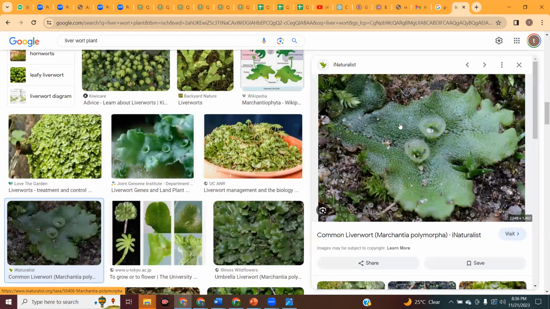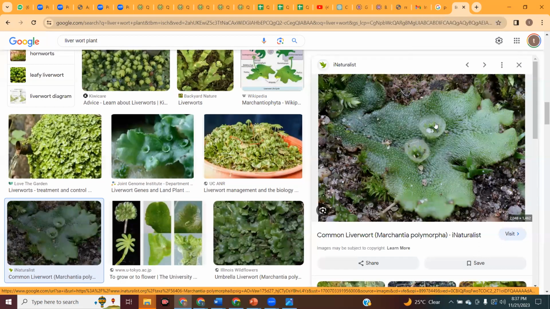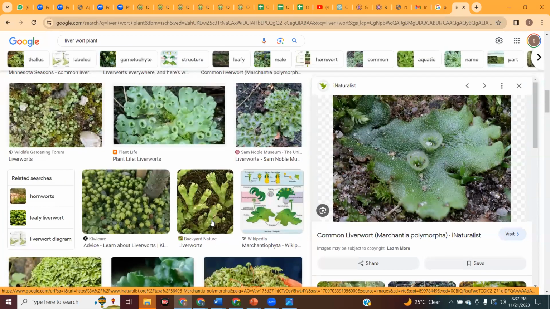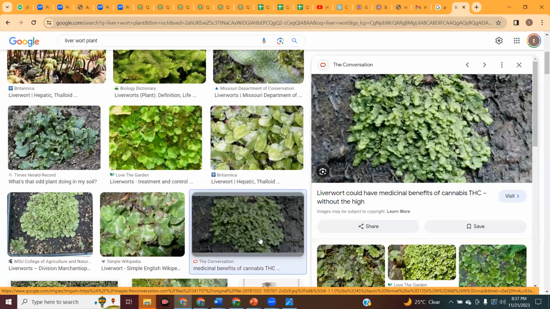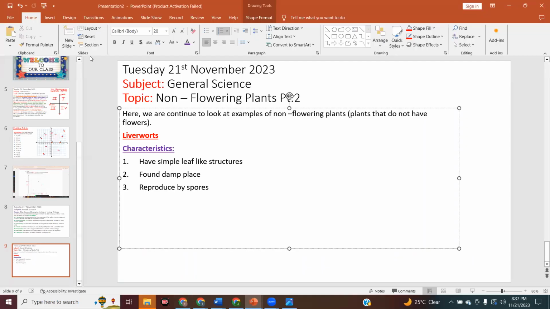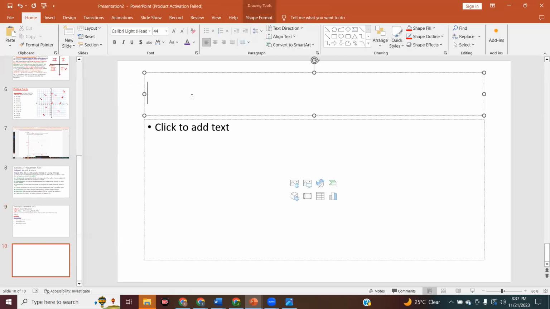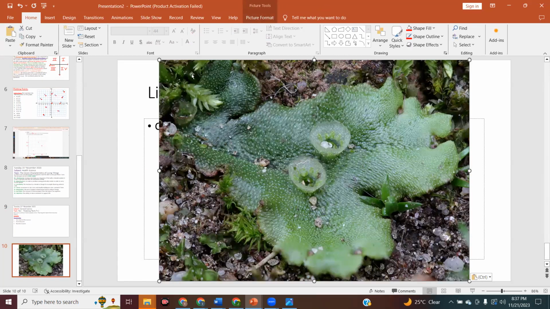You see how they grow in the ground? I've seen them before. Yeah, I haven't. These are examples of liverworts. This is also another example, showing how they grow in damp places and damp areas. All right, so let me put liverwort here.